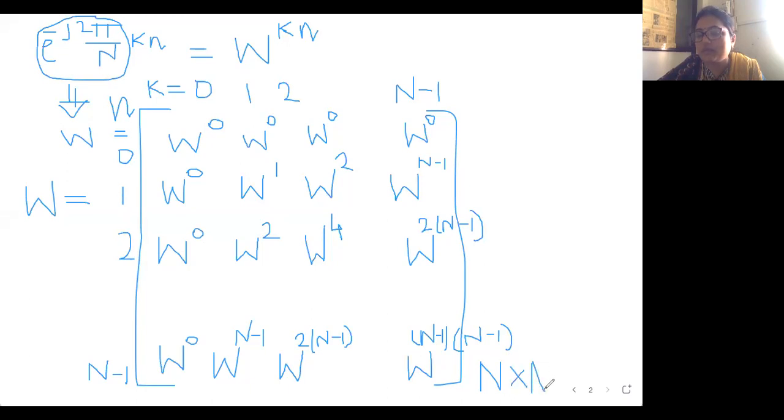Now we have represented the entire equation of DFT. We have represented the DFT samples by one-dimensional matrix xk, then we have represented the input samples by one-dimensional matrix xn, and then we have represented this by using the Twiddle matrix.